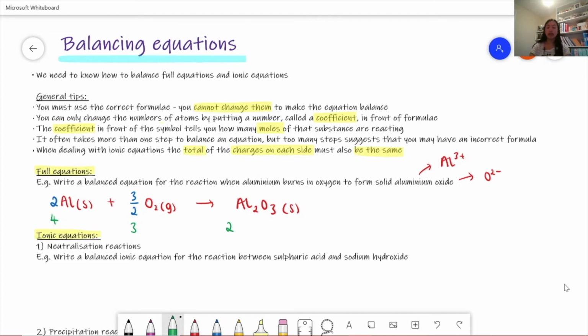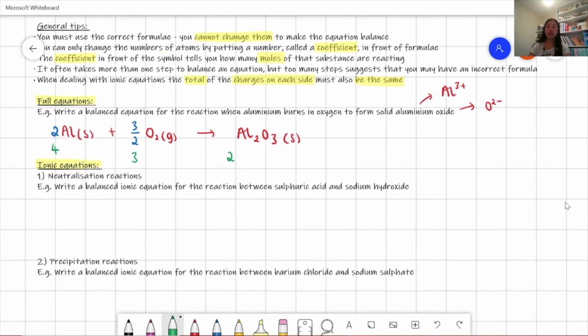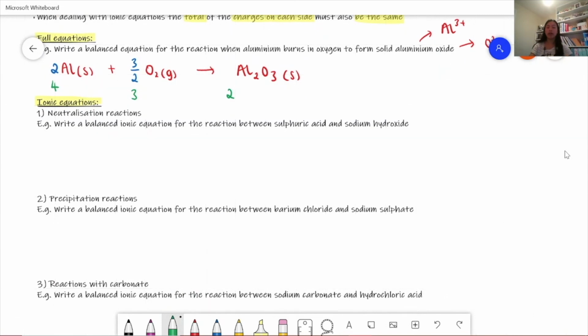And now we're going to look at ionic equations. So the first one we're going to look at are some neutralization reactions. So for example, write a balanced ionic equation for the reaction between sulfuric acid and sodium hydroxide. In these neutralization reactions, we have an acid reacting with an alkali to form a salt and a water.